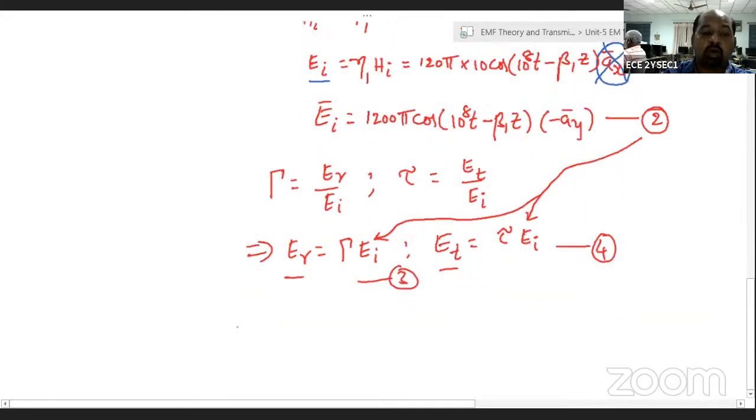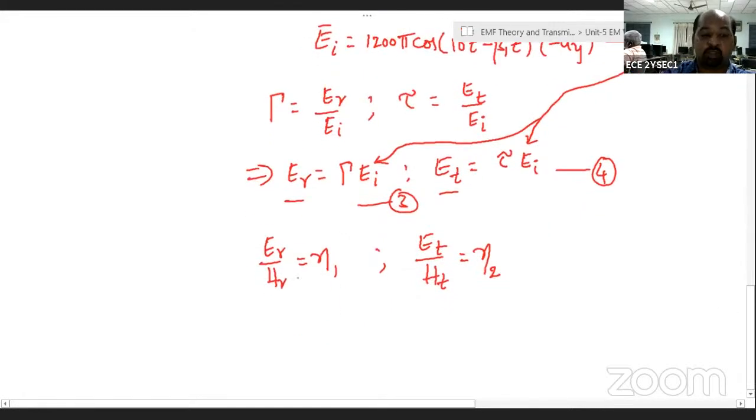How can we determine Hr and Ht? We know that Er by Hr is equal to eta 1, and Et by Ht is equal to eta 2, because transmitted wave means region 2.